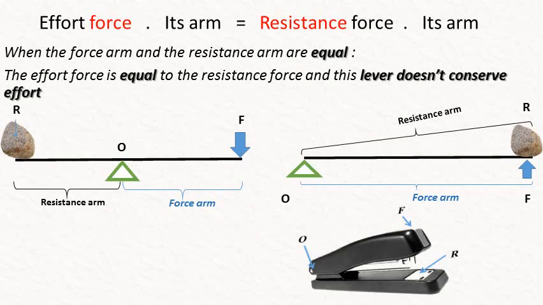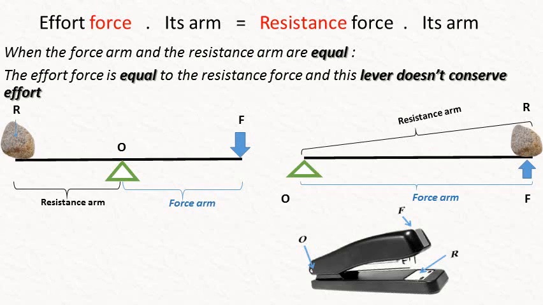Again, effort force times its arm equals resistance force times its arm. The factors that determine the values of force and resistance are the force arm and resistance arm. When the force arm and the resistance arm are equal, the distance from the effort force to the fulcrum equals the distance from the resistance force to the fulcrum.